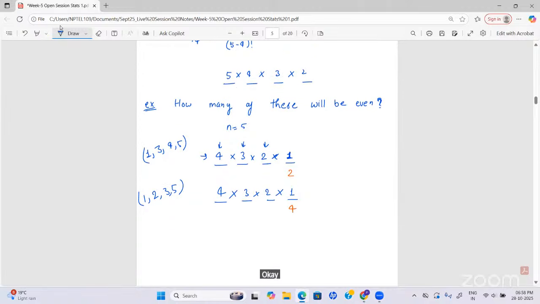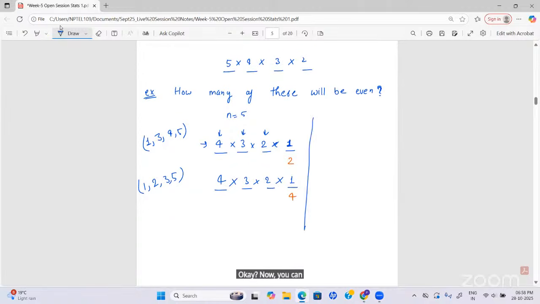Now you can use the formula also for this. Out of the 4, we are selecting 3 numbers, so it can be done in 4P3 ways, which will be 24. If you multiply 4 into 3 into 2, that will also be 24.